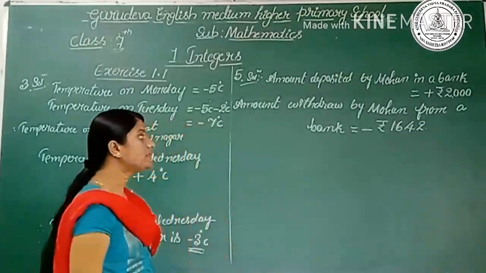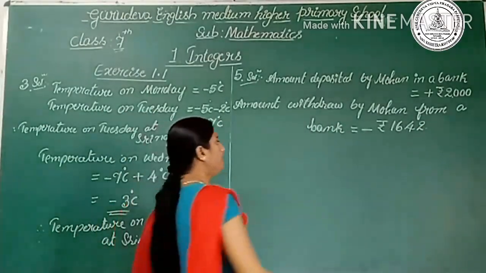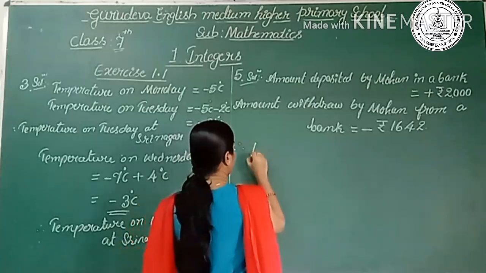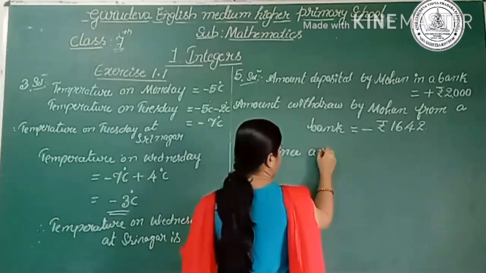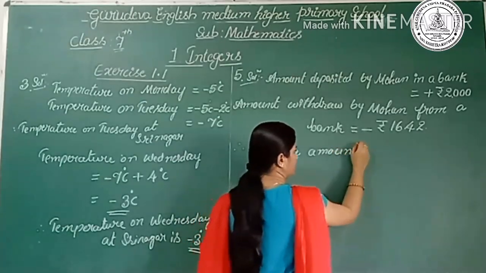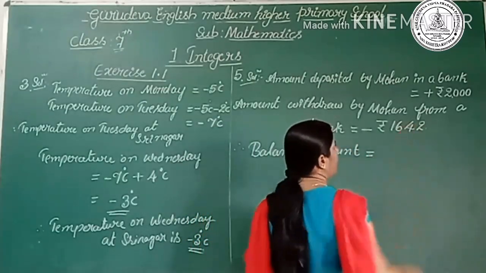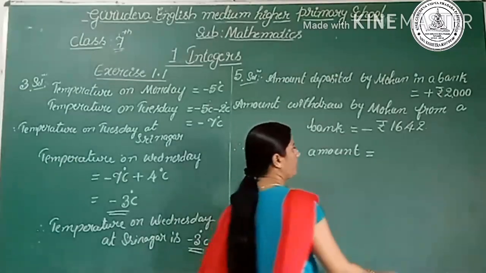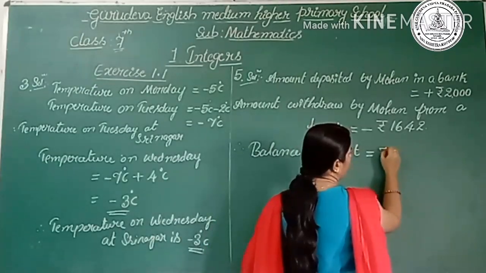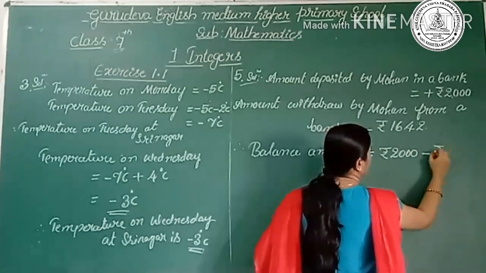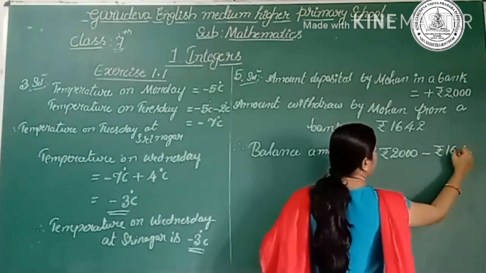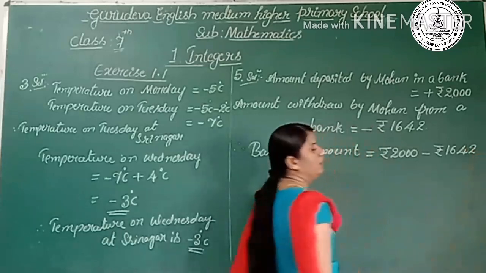Okay. Then what is the balance amount? So write down here. Therefore, the balance amount is equal to. First you take the deposited amount. The deposited amount is 2000 rupees minus 1642 rupees.